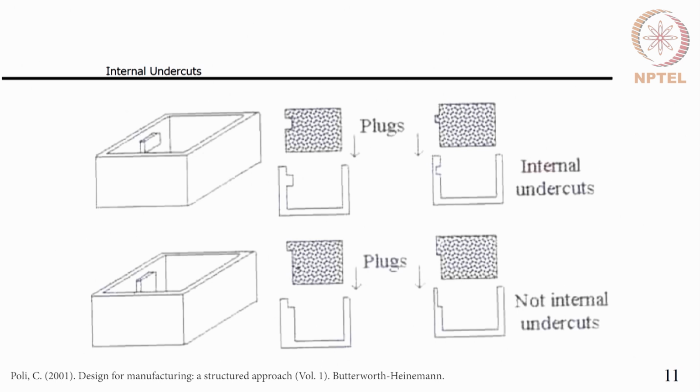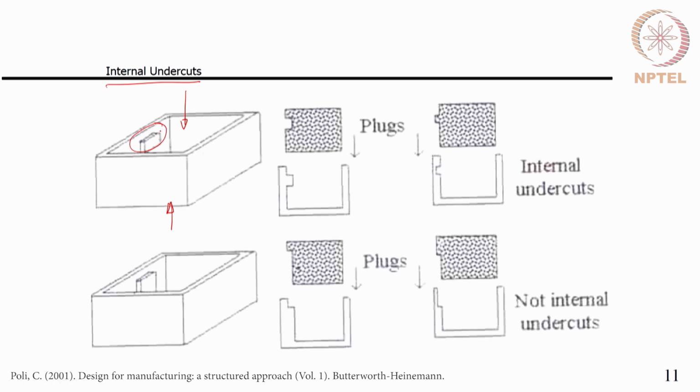These are some pictures showing how to understand whether a feature is an internal undercut. So, if in a box you have this feature, this is the mold opening and closing direction. So, this feature is in the transverse direction, and thereby this is an undercut, and this is on the core side, that is in the inner side of the part.